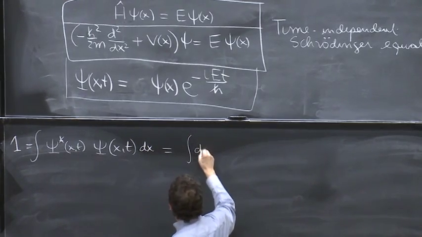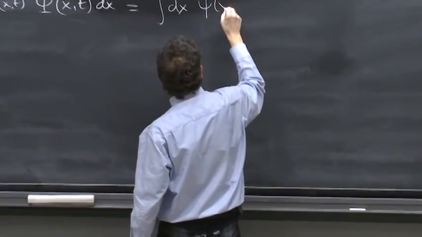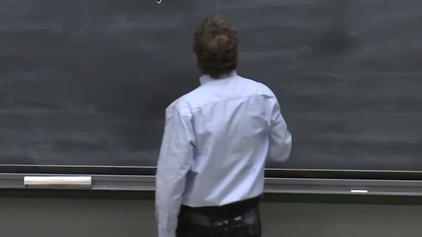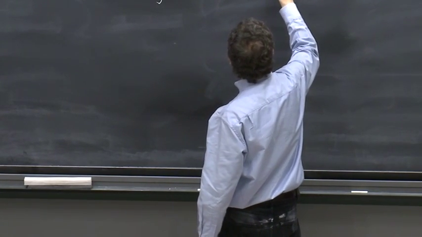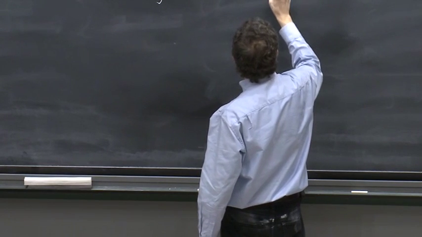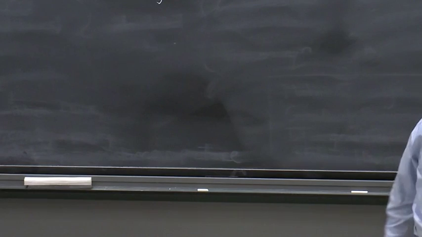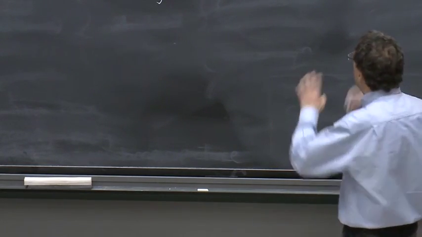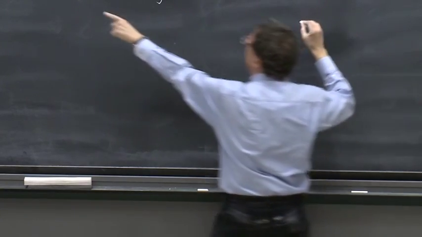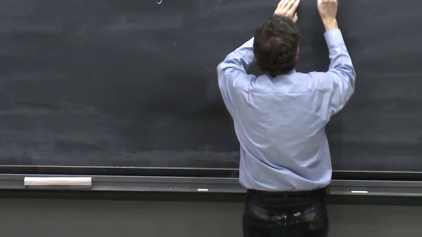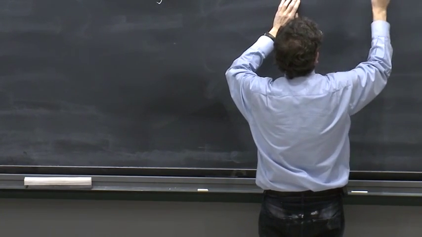We get the integral dx, psi star of x, and now e to the i E t over h bar. That's the complex conjugate. The other term is psi of x e to the minus i E t over h bar.